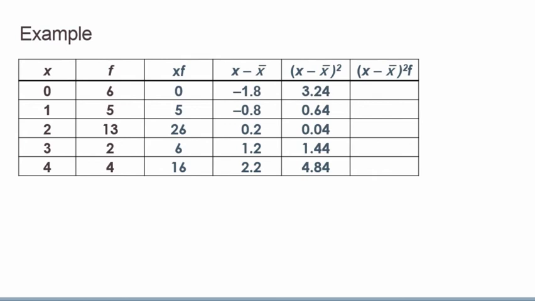The last step is to multiply these answers by the frequency. So again, I have L1 is my X, L2 is my F, L3 is X times F, L4 is X minus the mean, and L5 is X minus the mean squared. The two pieces of information I would like to multiply are in L5 and L2.